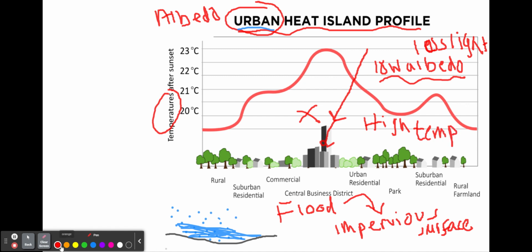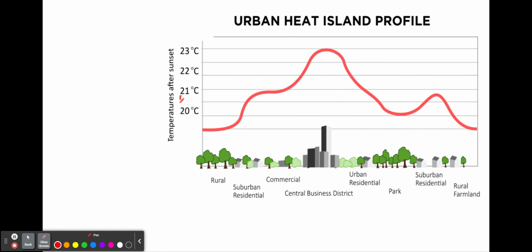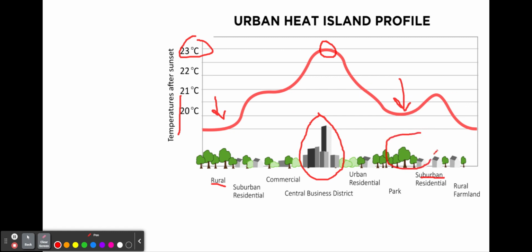And if we look at this profile of temperatures in different parts of this area, we can see that the urban areas have the highest temperature after sunset, whereas more rural and suburban areas have lower temperatures after sunset. Why? They have surfaces with a high albedo.